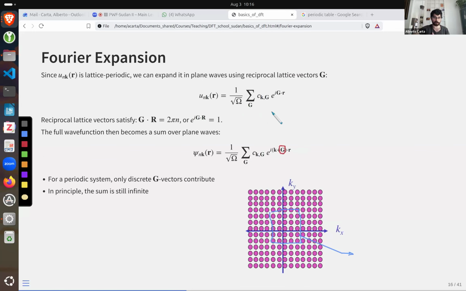The periodic function can itself be expanded into plane waves. And so the full wave function in a crystal, for each band and for each propagation direction, can be described as a wave that depends on two quantum numbers times these coefficients that tell you how much of that wave you have in your crystal.